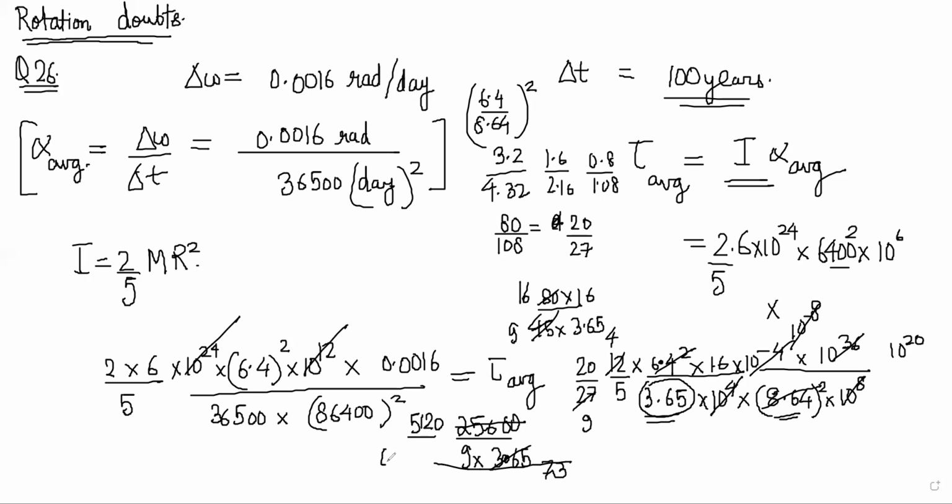So 637 and 5120, you have to divide 5120 by 637 and multiply by 10 power 20. So 8 times 637, 5,096. So something close to 8, whatever. 73 into 9 will be 657, I think.